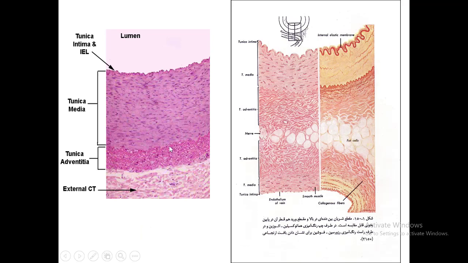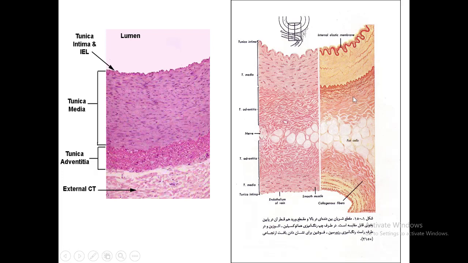Here you observe one picture of a medium-sized artery, and in the medium-sized artery, the internal elastic layer is one elastic lamina that separates the thin intima from media, and also we have a thinner external elastic layer that separates media from adventitia in the medium-sized artery.